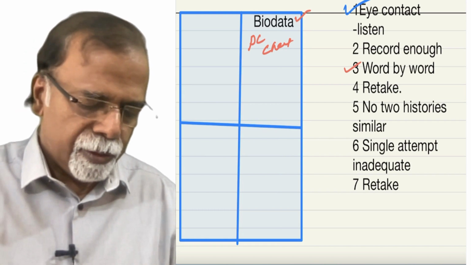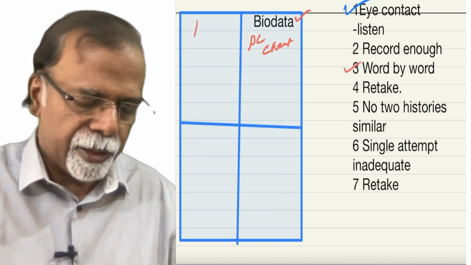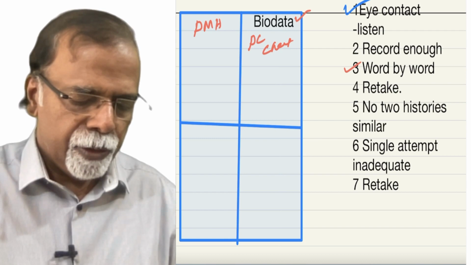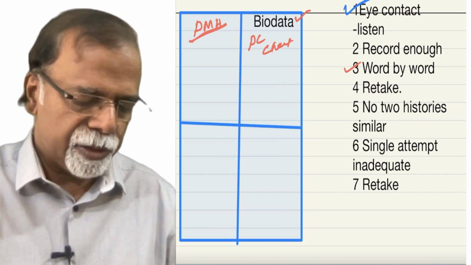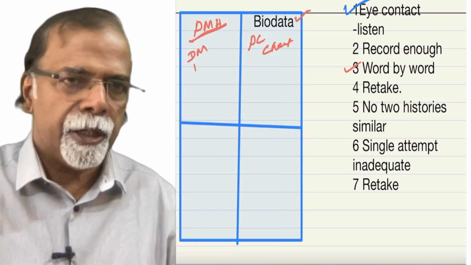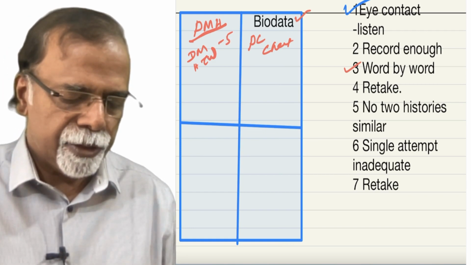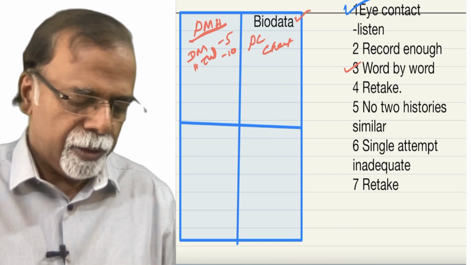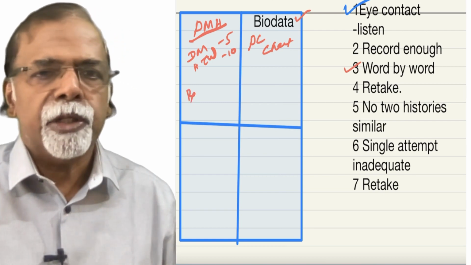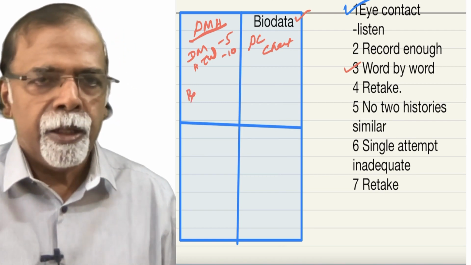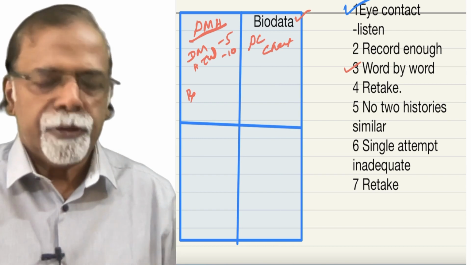That is why I am advising you to make the paper into 4 quadrants. So next, after the presenting complaint, you will be taking the past medical history. You scribble down the past medical history. For example, the patient has diabetes mellitus, hypertension, or whatever the disease, with the duration. You can write 5 years, 10 years, and you can include the treatment also there. So we will have a rough idea, so scribble the notes like this.